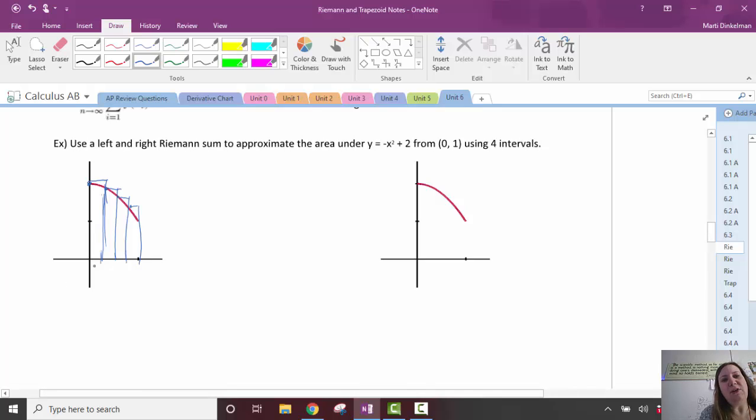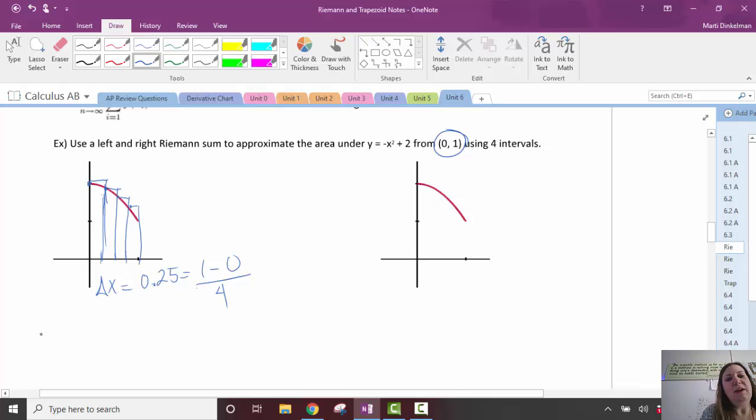If I have to go from 0 to 1 and use 4, then my delta x, or the width of each of these rectangles, is going to be 0.25. Most of the time we can just figure that out mathematically, but we can also take those two numbers, 0 to 1, and divide by the number of rectangles.